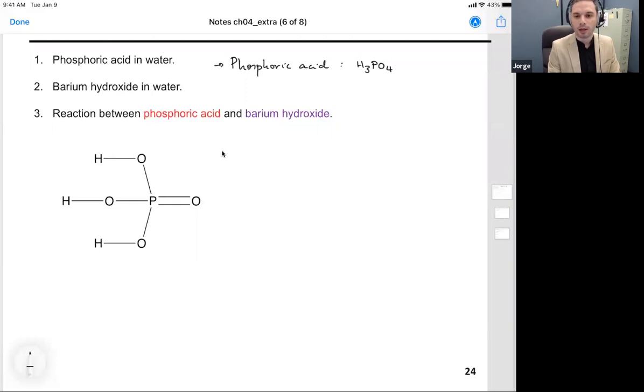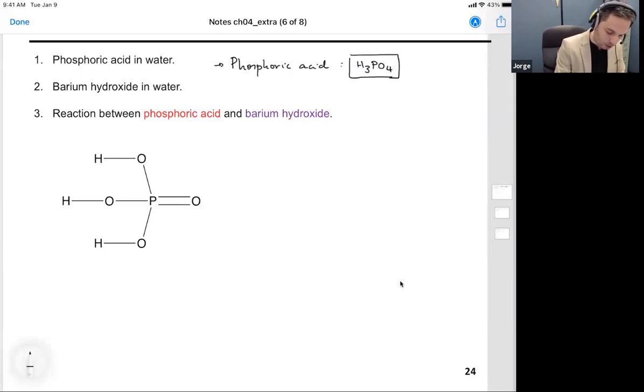If it's not, let me tell you what is going to happen. You will try to look it up, which is fine, but doing that you lose time, and time is very precious here in this class. Okay, the formula of phosphoric acid is H3PO4.